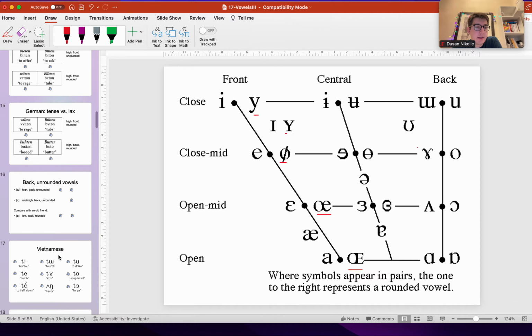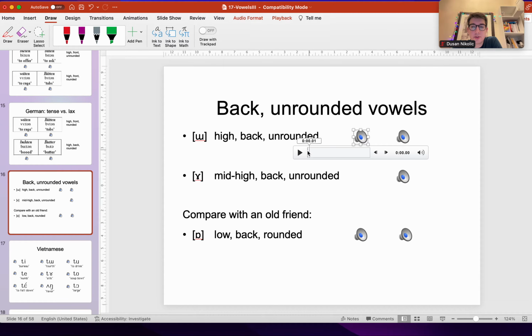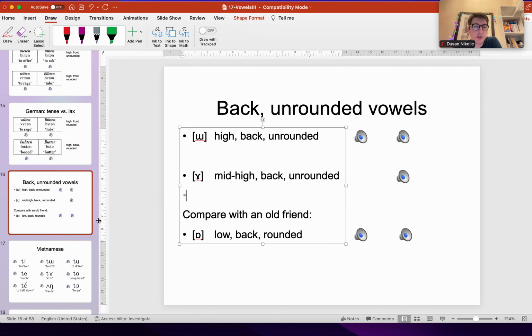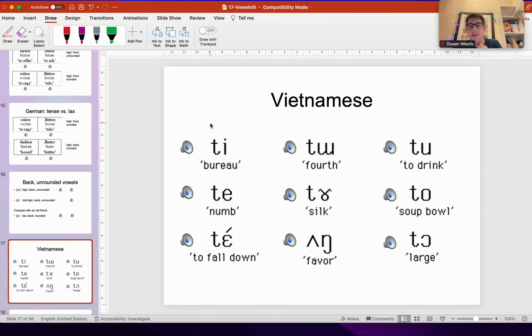Okay, so let's listen to these again. So this one is rounded, and these two are unrounded. We find these vowels in Vietnamese.